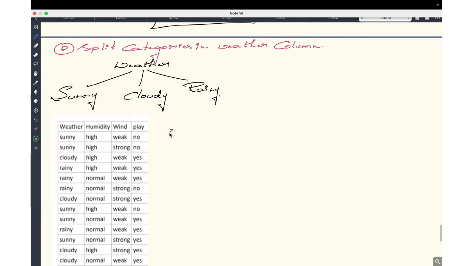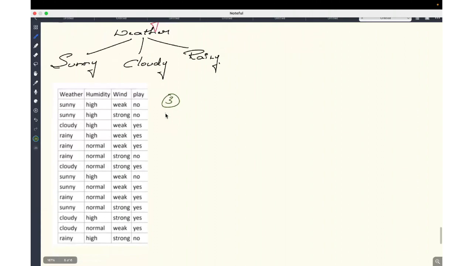Finding probabilities. Finding entropy for each category. So now I'll start one by one. Find entropy of sunny first.